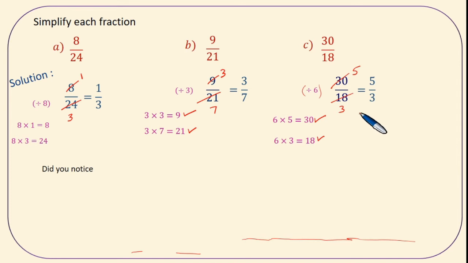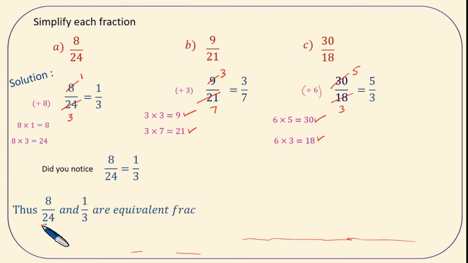Did you notice something here? 8 over 24 is equal to 1 over 3, right? Both are the same, so these are called equivalent fractions. 1 over 3 is in the simplified form, but both are the same.